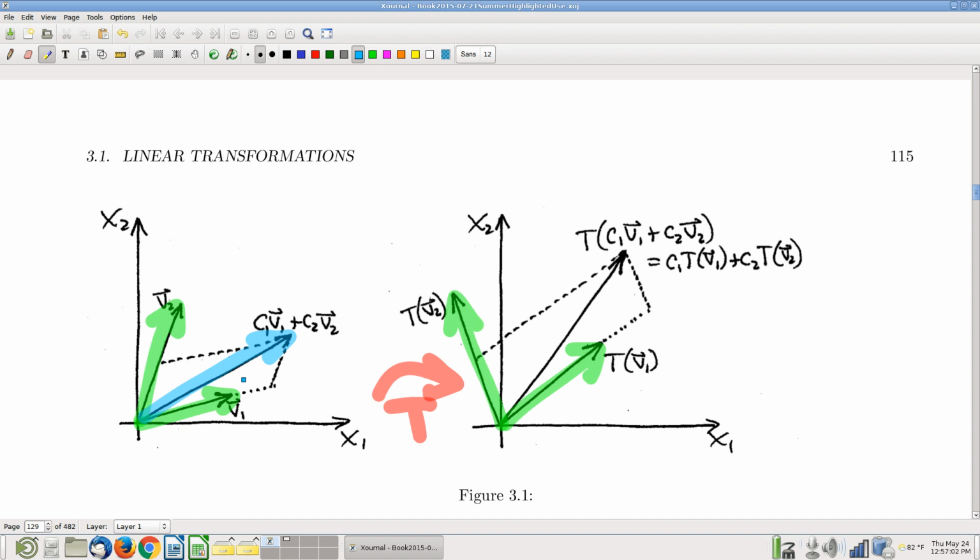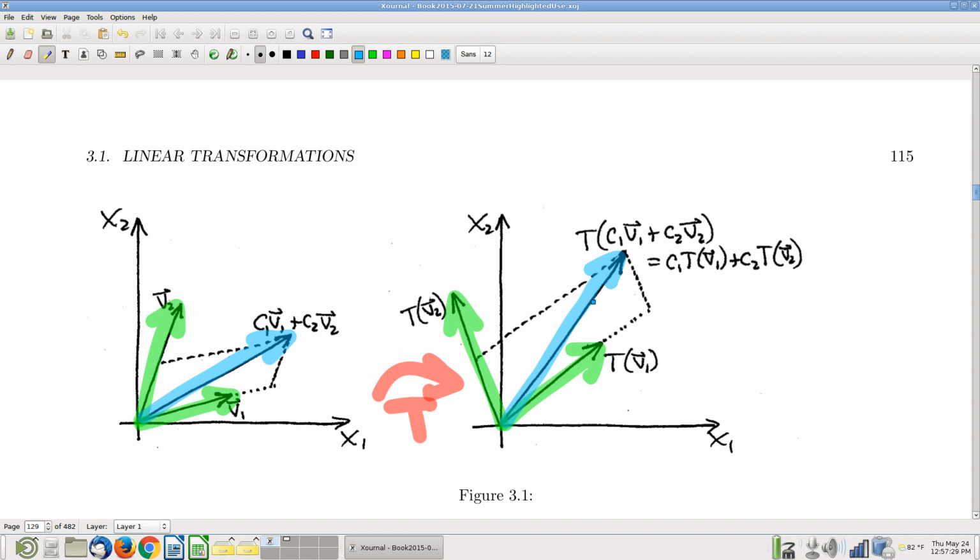If you take a linear combination of v1 and v2 and look at its image, so T of that linear combination, you just need for that image to be the same linear combination of the other images. In other words, whatever linear combination you're doing in the input, the outputs have to have the exact same linear combination relationship.